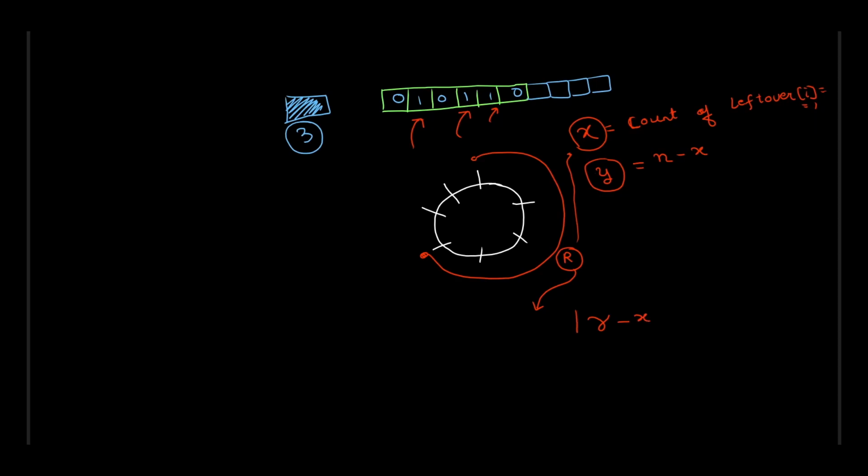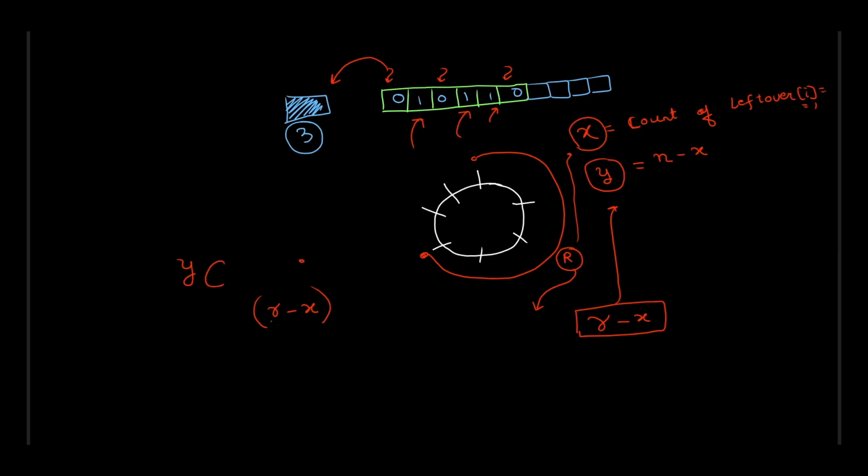You have to collect these people who have been assigned 0, and you have to tell them to participate in the last round by using the community box. But you can select these people from the ones that have been assigned 0. So how do you select that? You have to choose R minus x people from this set, right? So the total number of ways would be Y choose R minus x.